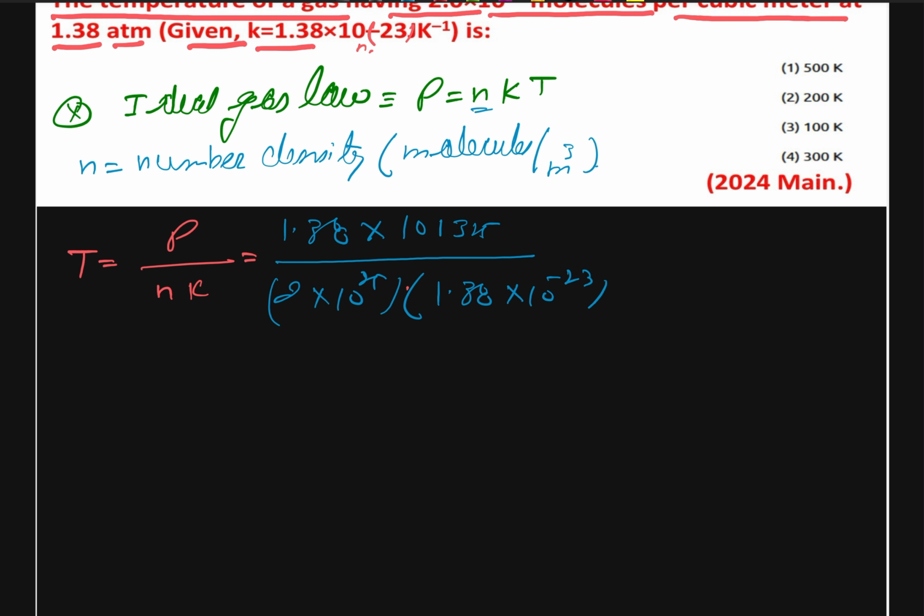So this 1.38 goes away, and this will be 25 minus 23, that will be 2, and it will be approximately equal to 500 Kelvin. So option 1 is correct.